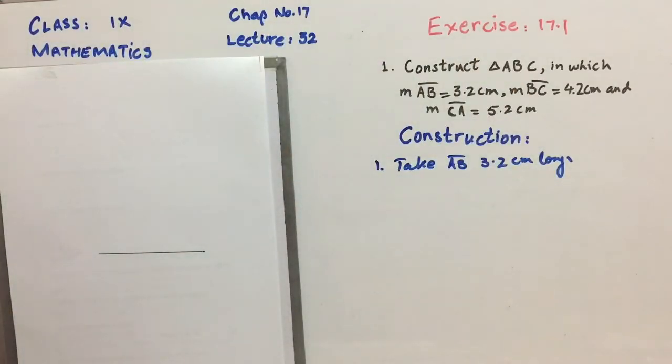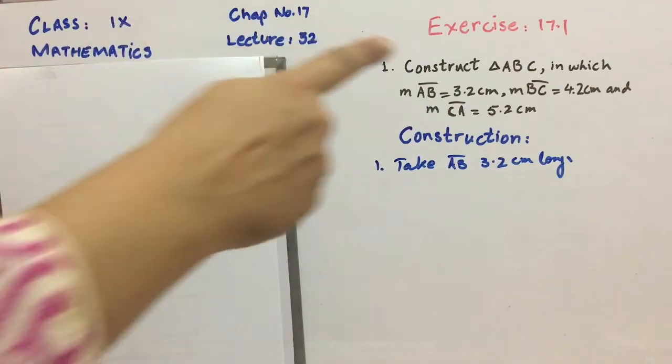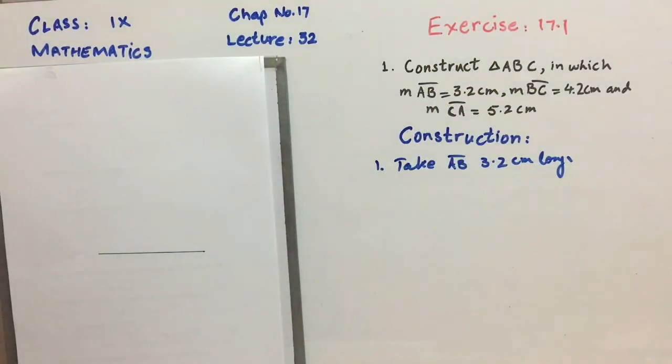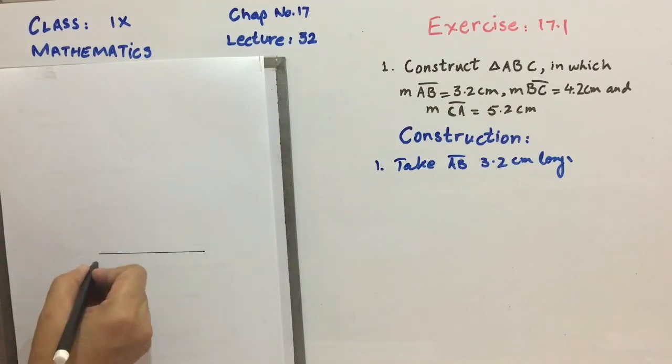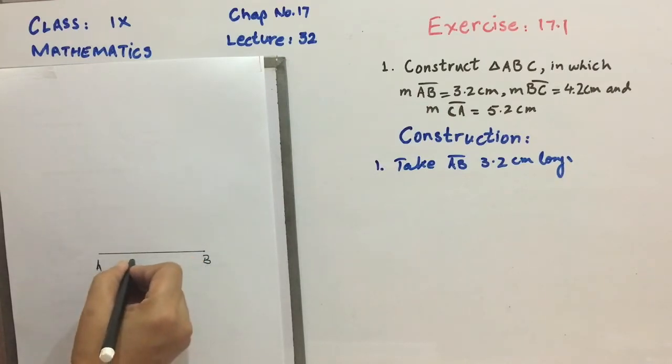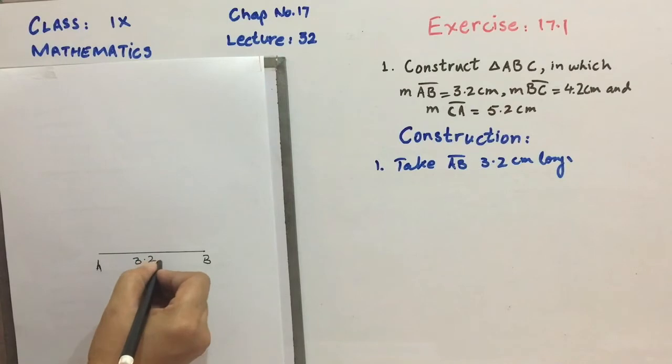Now adjust a compass at the width 4.2 centimeters, which is the length of BC. First of all, I will write here the end points as A and B, 3.2 centimeters.